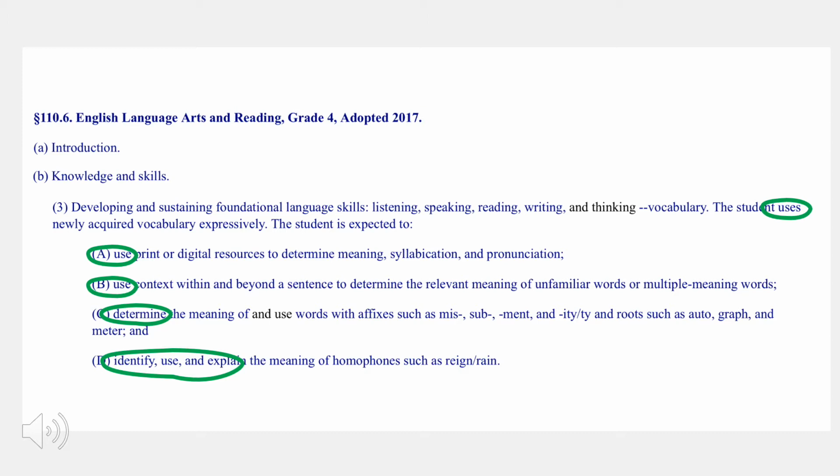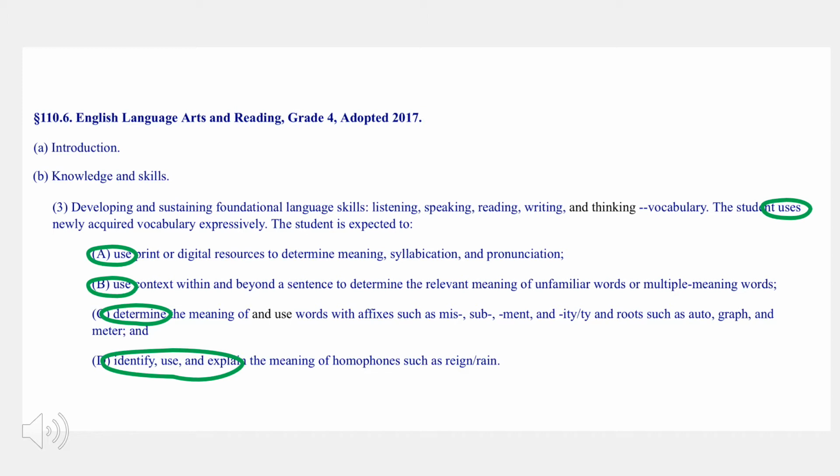It gives us examples. Now D, we said that the verbs were identify, use, and explain. It's a little bit more specific. And the concept for this one is the meaning of homophones. And then again, it gives us more examples, and the examples are the context, like what specific examples, what context, and we're going to go over that in a little bit.